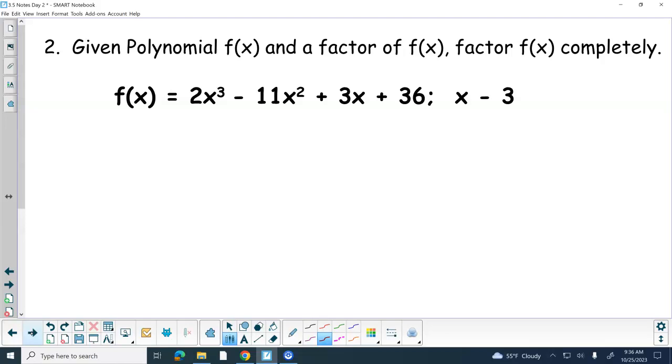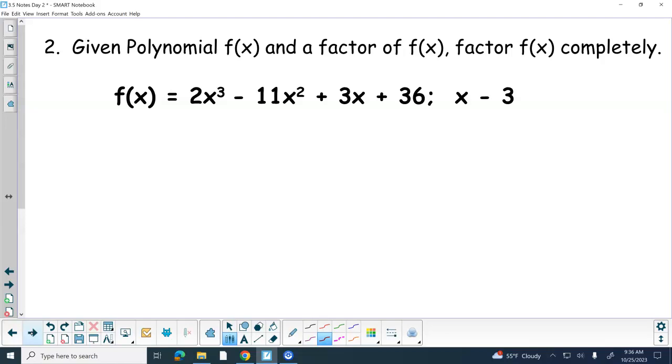If you only go to bus stop number 1, wrong. We can jump on the bus out in front of school here, and I want to get downtown. But if I get off at John Muir, am I downtown? No. So I've got to get off at my right bus stop.